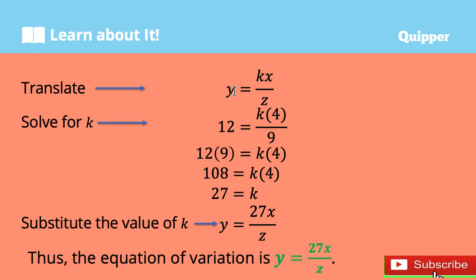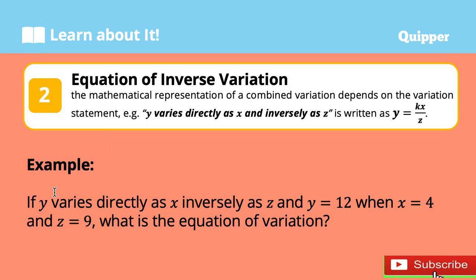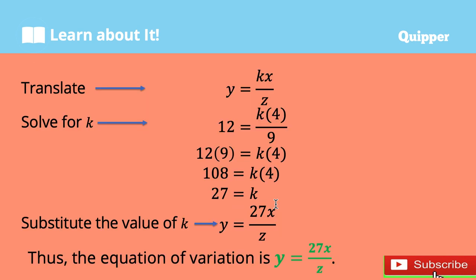The statement is, y varies directly as x, inversely as z. The translation for that is y is equal to kx over z. Then substitute the values of x, y, and z to solve for k.